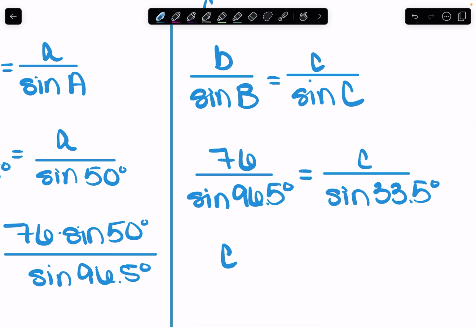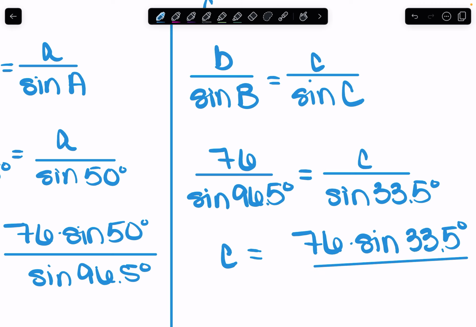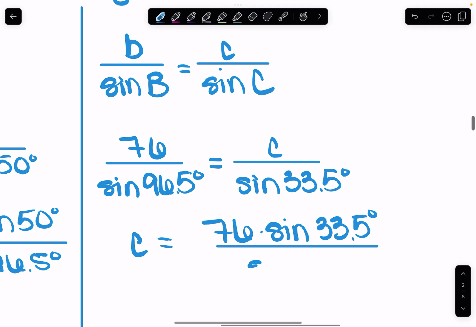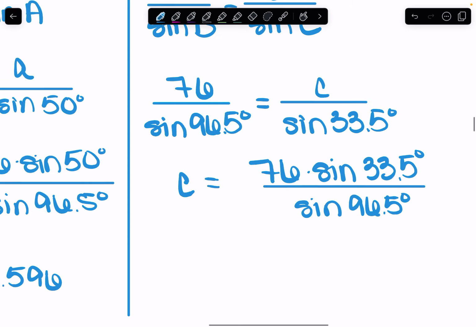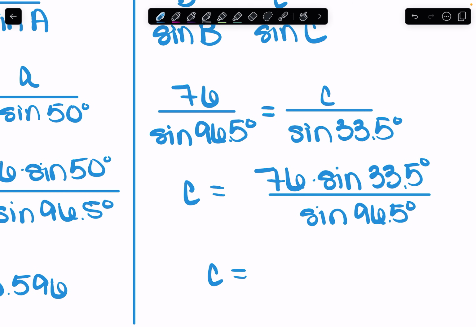So same algebra, C is going to be 76 times the sine of 33.5 over the sine of 96.5. So once again, we carefully push some buttons. So let's 76 times sine of 33.5 in the numerator, sine of 96.5 in the denominator, which gives us side C as 42.219.